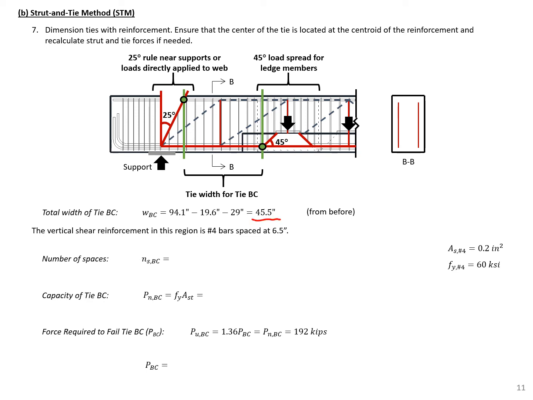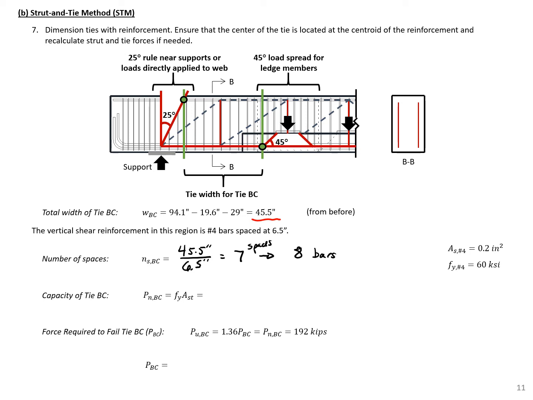But now we can figure out the number of spaces that we have in that tie by taking our 45.5 divided by the spacing of our vertical bars in that tie region, 6.5 inches, which will give us about 7 spaces. And 7 spaces means that we have 8 bars.